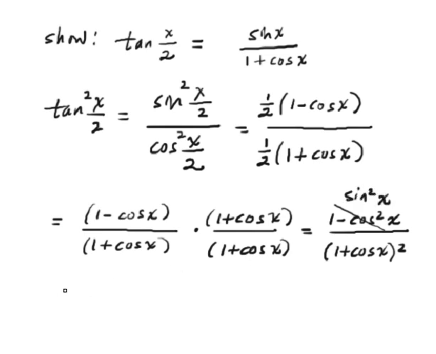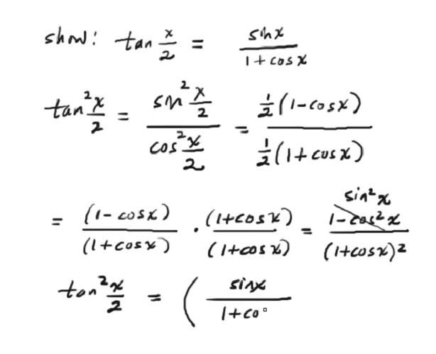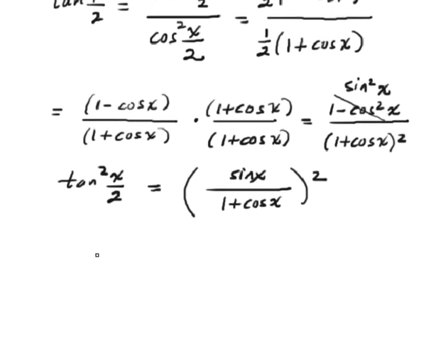So we get tangent x over 2 squared is equal to sine x over 1 plus cos x squared. And now just take the square root of both sides and we have what we're trying to show. We wanted to show that tangent x over 2 is equal to sine x over 1 plus cosine x.